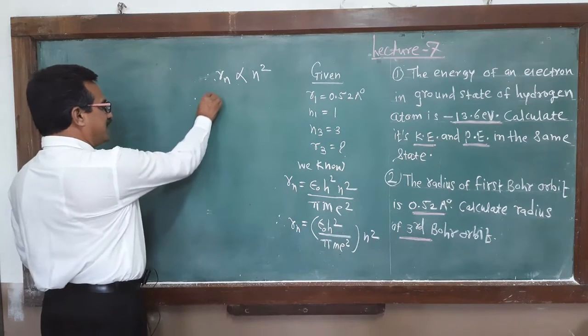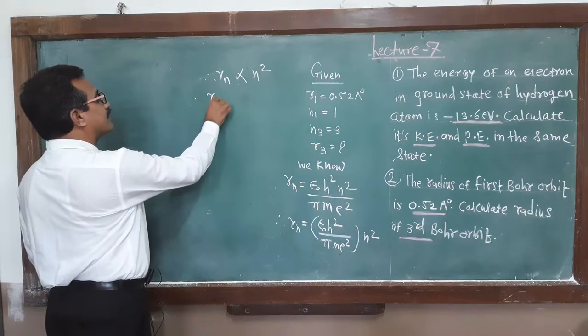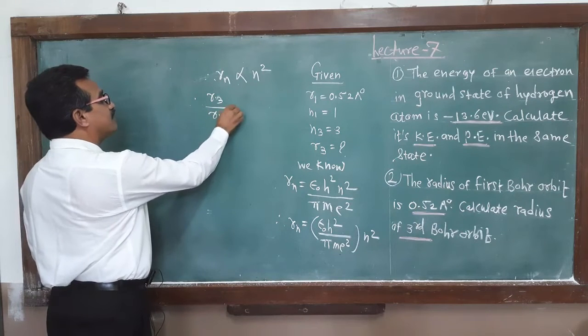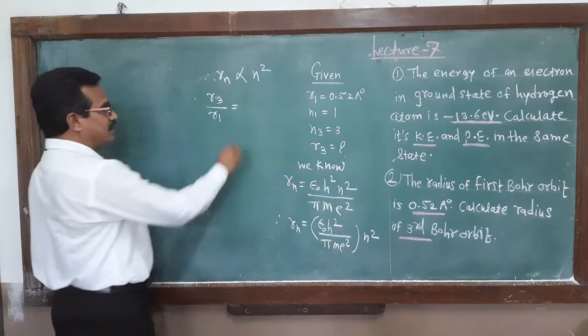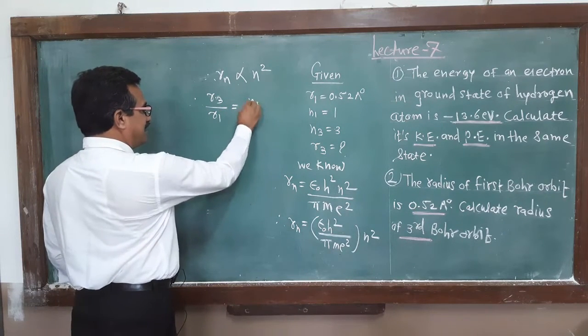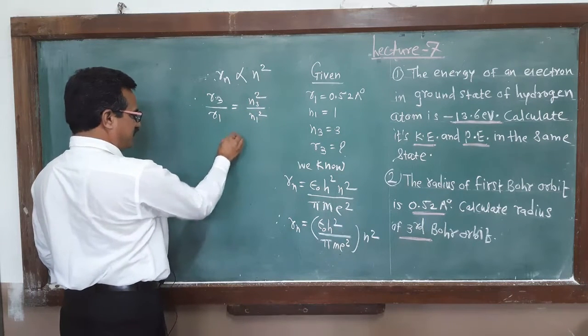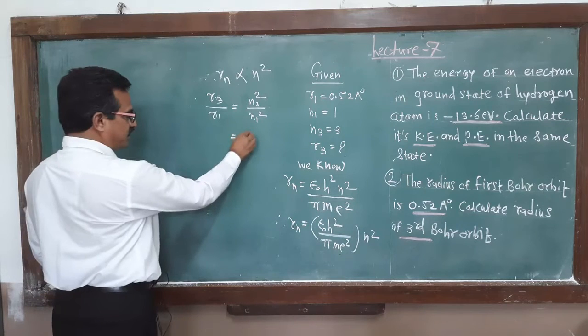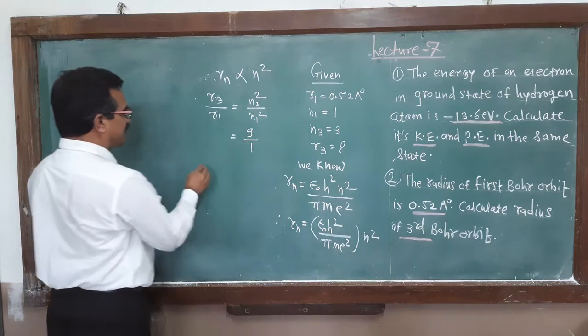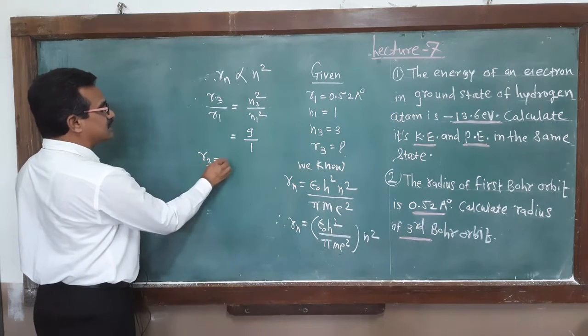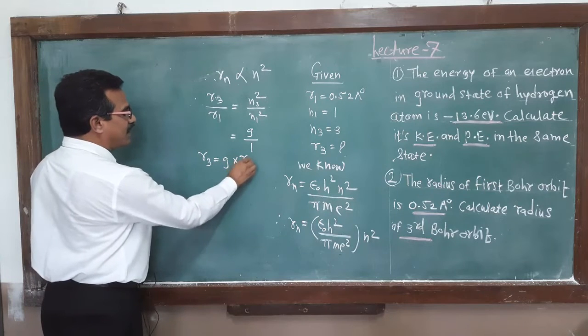From this formula, r3 divided by r1 must be equal to n3 square divided by n1 square. n3 is 3, its square is 9, divided by 1. Then r3 is equal to 9 multiplied by r1.